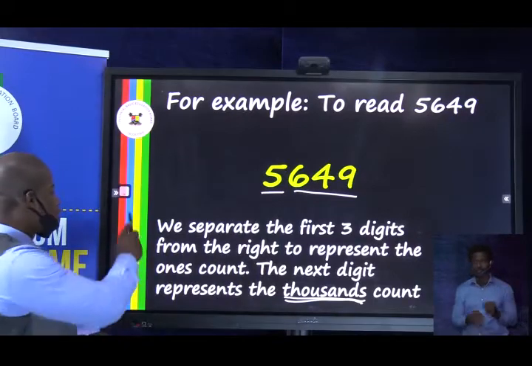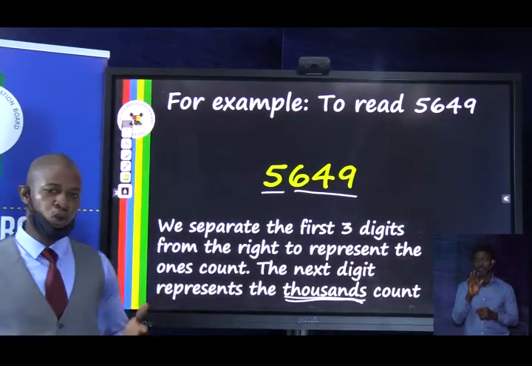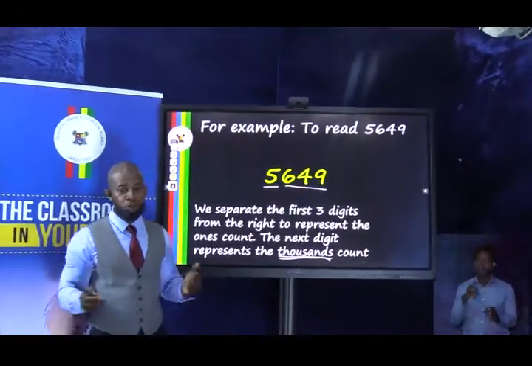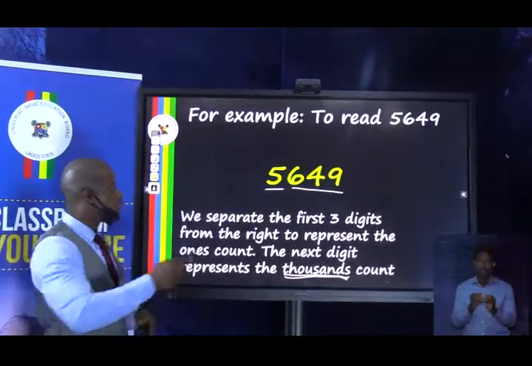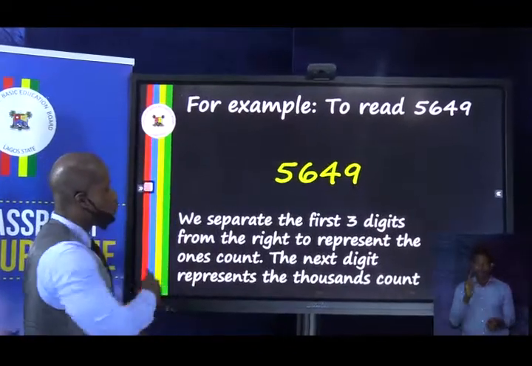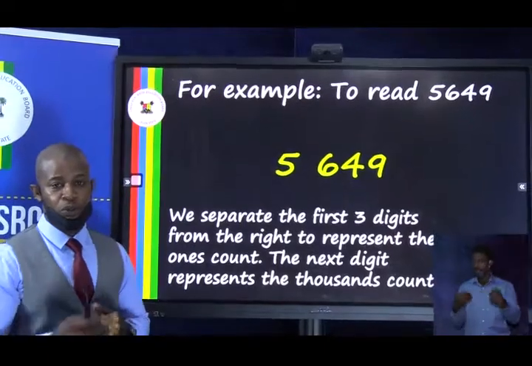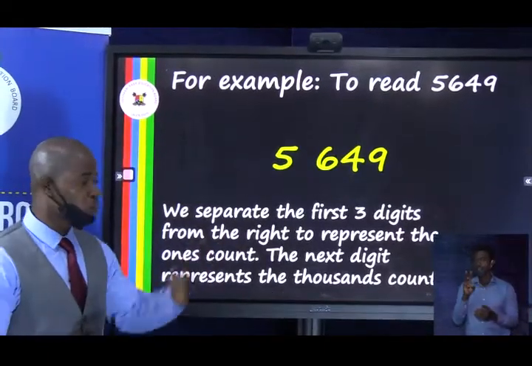So what we're going to do now is separate them, because usually if you want to read numbers, you cannot lump them together. It will not be so easy for you to read. So separate the 3 digits and use them to count the ones, as I will do now. You can see that I have moved the 649 to the right a little bit to show that it is ones.